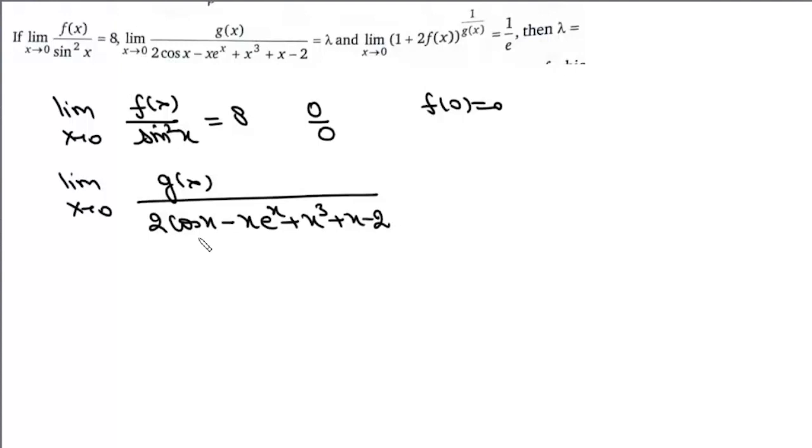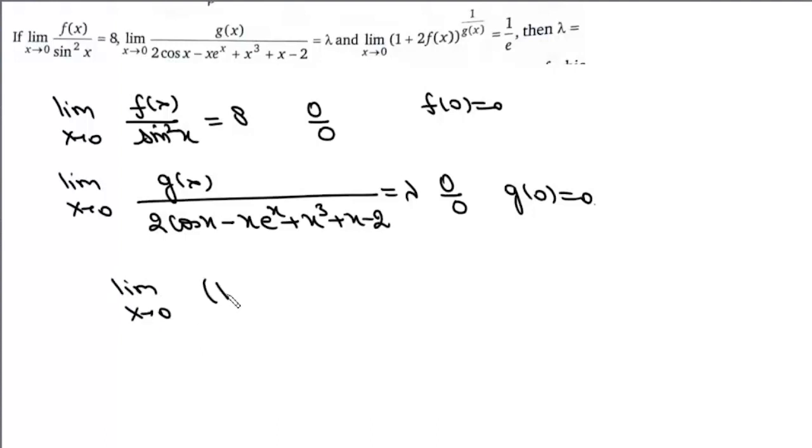Now if you put x is 0, it is 2 minus 2 is 0, 1 minus 1 is 0, which again is 0 upon 0 form. This is lambda, and we also know g(0) is equal to 0.